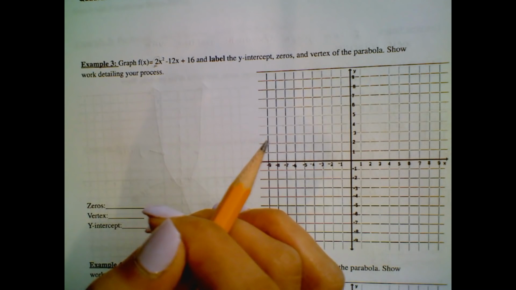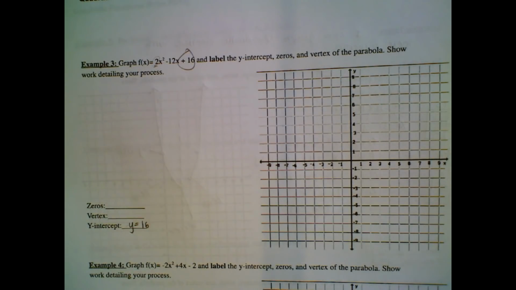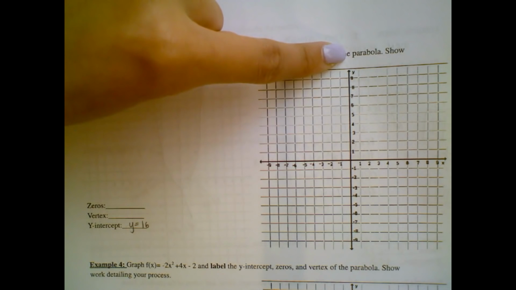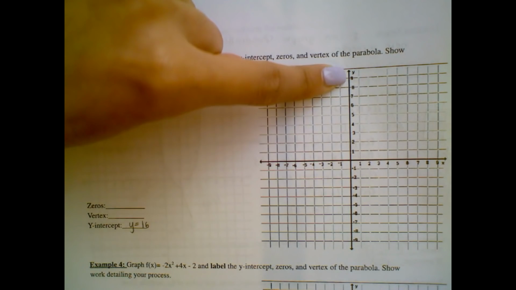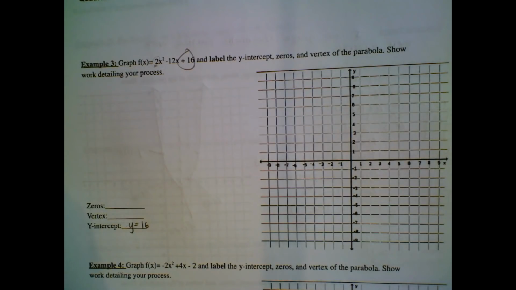But remember, when I'm looking at this, the easiest thing to find is the y-intercept. The y-intercept is always that last term there. It's going to be at y equals 16. But I want you to notice that right here on my graph, I don't have y is 16. My graph stops at 10. So we could use our imagination right here. Ideally, if I gave you a bigger graph, then yes, put it in.